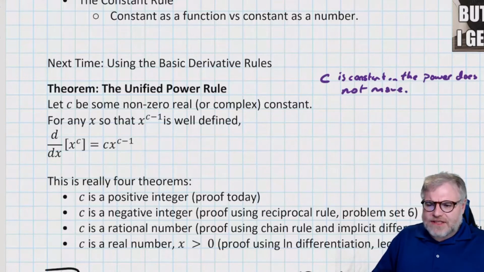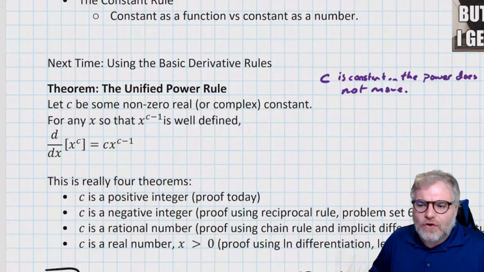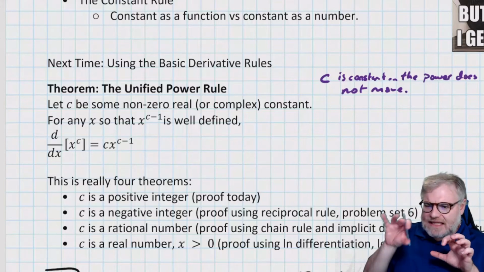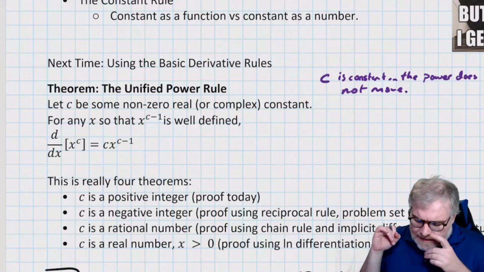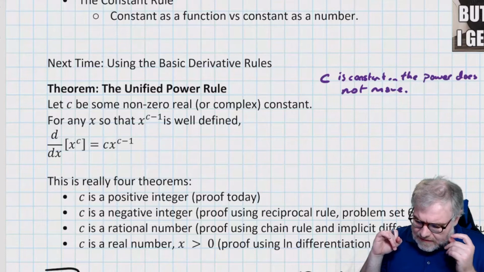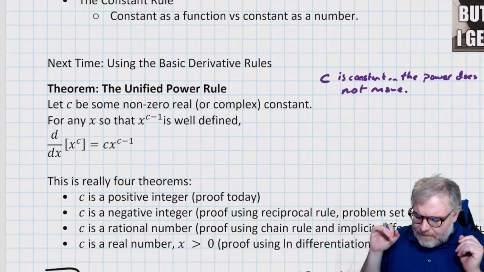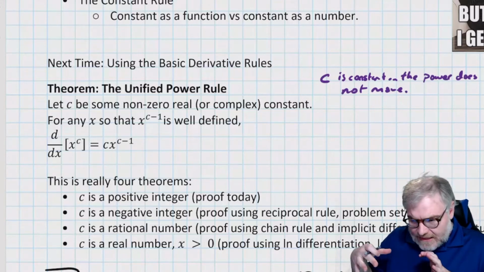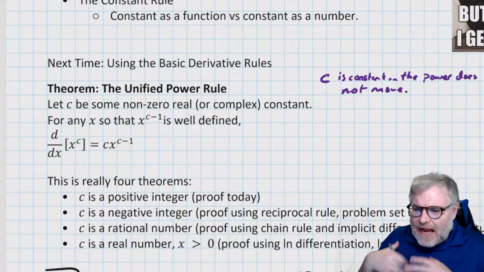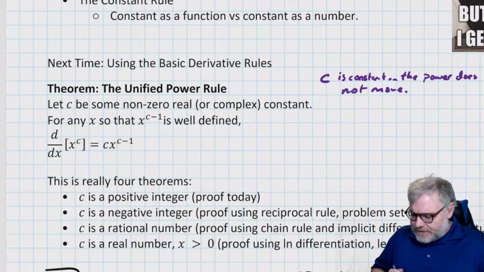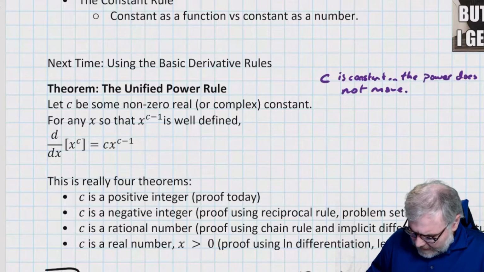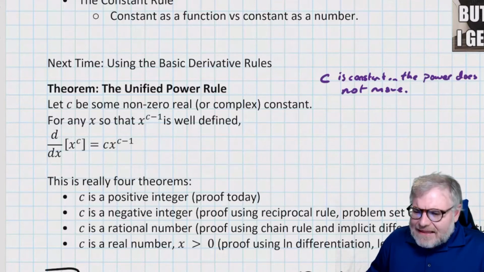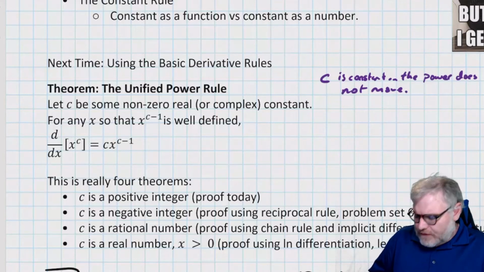We're actually going to see circumstances, with something called the exponential rule, where the base is constant and the exponent moves. Here, for the power rule, the base is moving and the power is constant. That's the first thing. The second thing is that for positive integers, of course, this works.